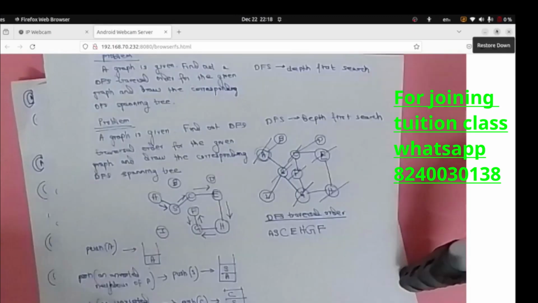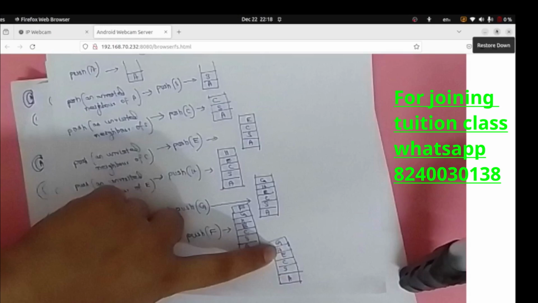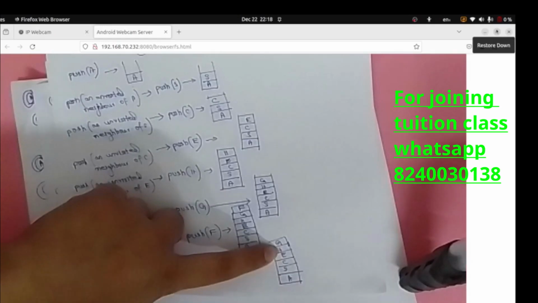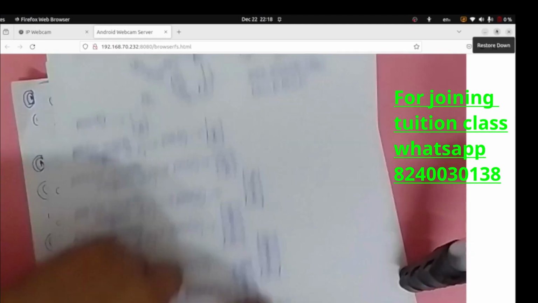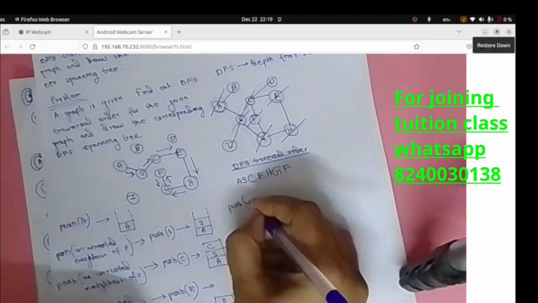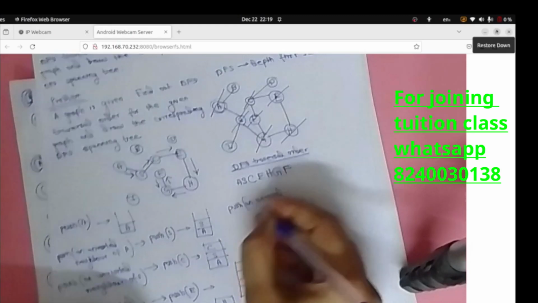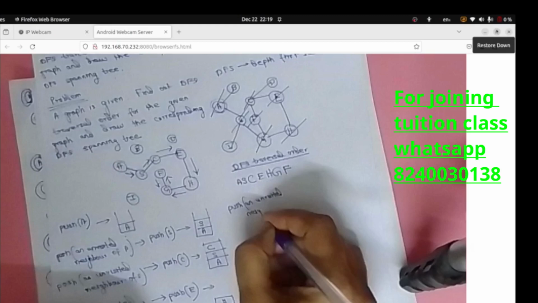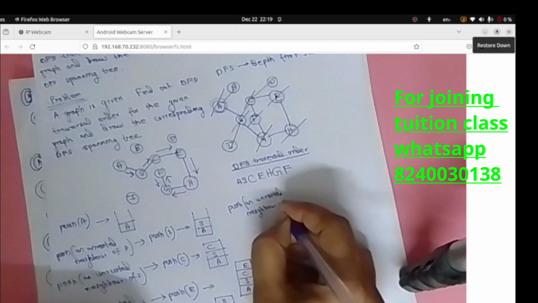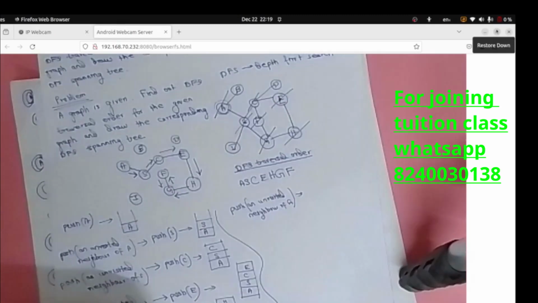So what is the current topmost element of the stack? G. So the push operation will be related to this topmost element G. So what I am doing? The next operation will be push unvisited neighbors of G. So is there any unvisited neighbor of G?